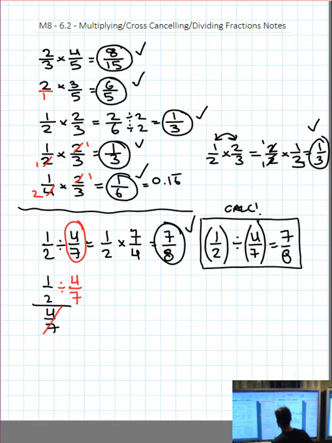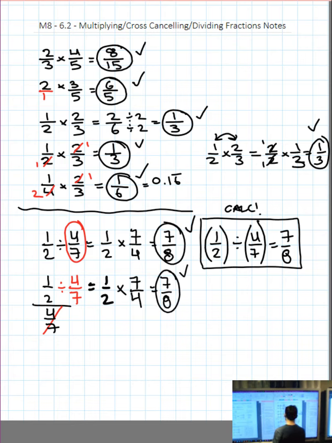Turning the big over into a tiny little divided by sign. And then just follow the steps from above. 1 over 2 times, flip the 7 fraction and change to multiply. And again, we're going to get 7 over 8.